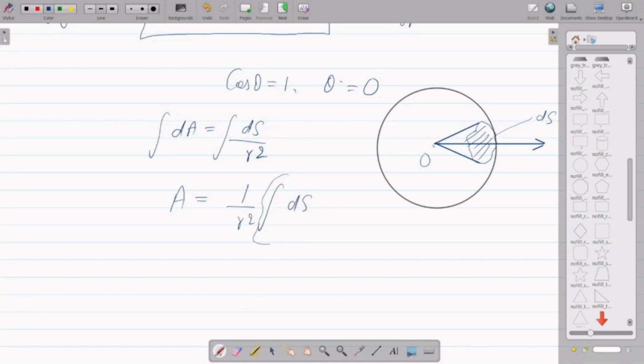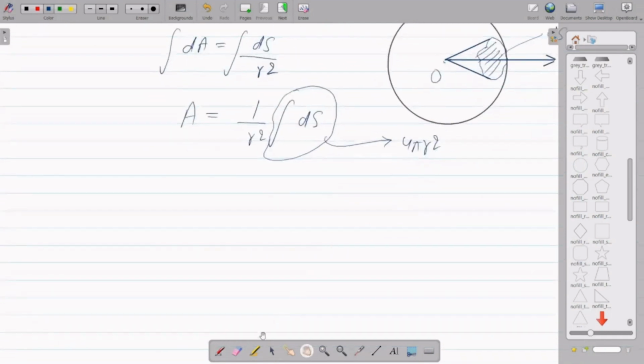What is this quantity here? This is nothing but the surface area of this hypothetical sphere. Now imagine that this surface element expands in such a way that it covers the whole surface area of the sphere, then obviously this value comes out to be 4 pi r square, right?